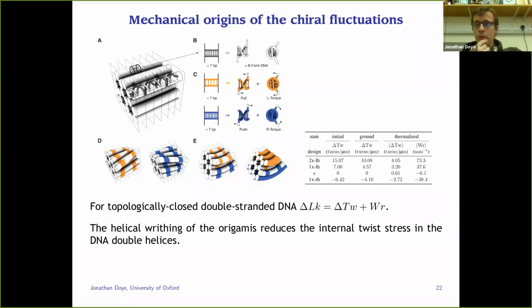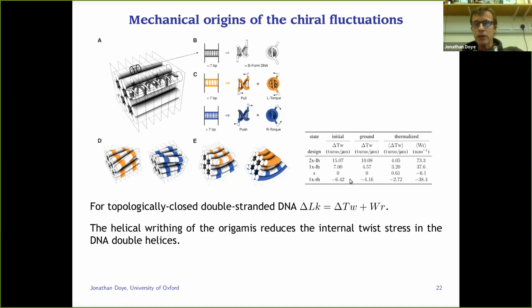Then when we consider thermal fluctuations of the system, if you had a topologically closed double-stranded DNA, you have the linking number, which is a topological invariant. These systems aren't topologically closed, but the helices in these origamis are constrained by the junctions in the system.